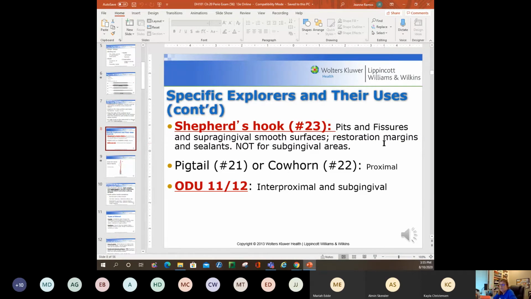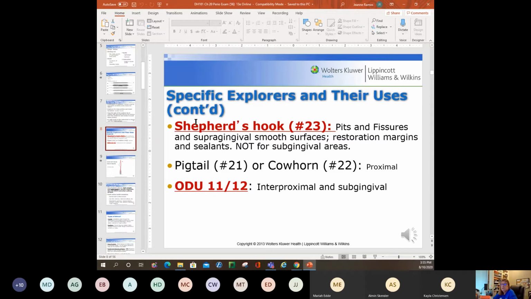The pigtail and the cow horn are for interproximal or proximal, same thing. ODU 11/12 is for interproximal and subgingival, but I should have put it's really for everything. You can feel supra. But what they're trying to say is, if it's on boards and they ask which instrument would be best for supra, and they had the 11/12 ODU and the shepherd's hook, I would choose the shepherd's hook.